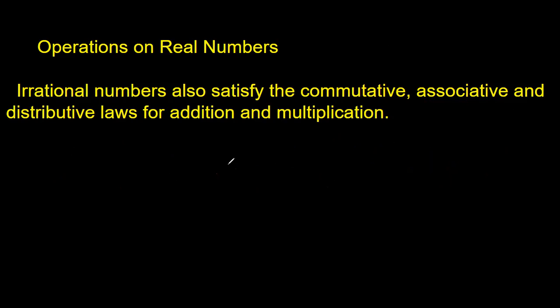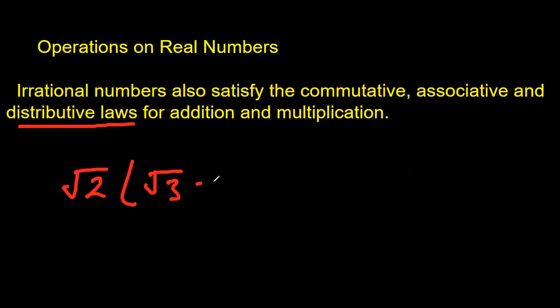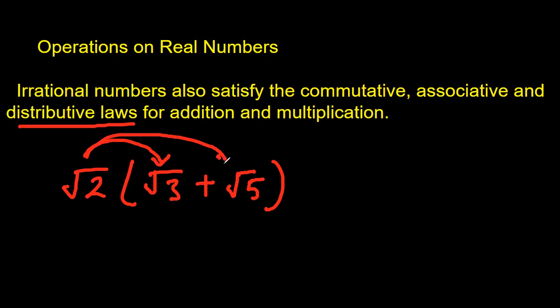Let's see about distributive laws. Let us take an example here. Suppose you want to multiply under root 2 with under root 3 plus under root 5. Now, the distributive law says you will multiply this root 2 with root 3 and then root 2 with root 5.